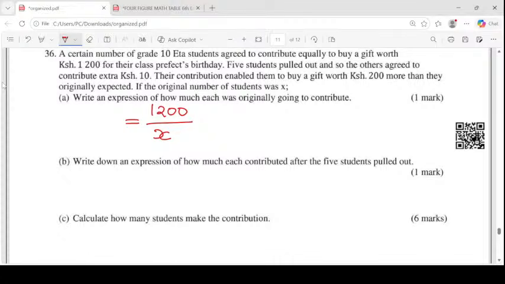So we are being told that 5 pulled out, and so the others contributed 10 shillings extra.